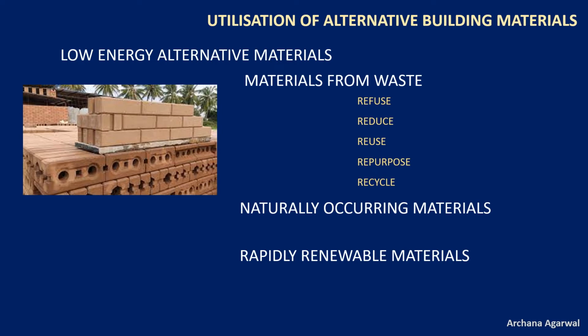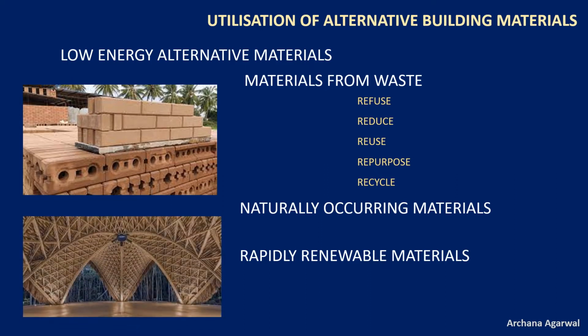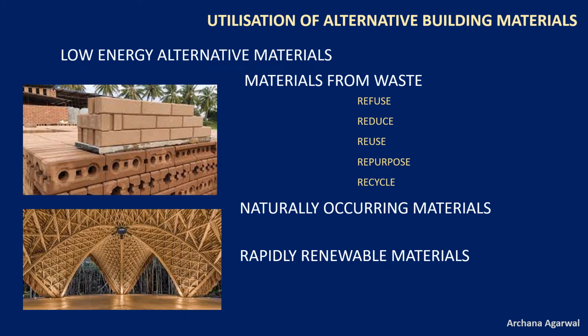Materials such as bamboo, cork, straw bale or cotton, wheat board are a few of the rapidly renewable materials commonly used in building construction. For example, bamboo can be considered a good replacement to timber as it grows rapidly and has a high compressive strength compared to wood.